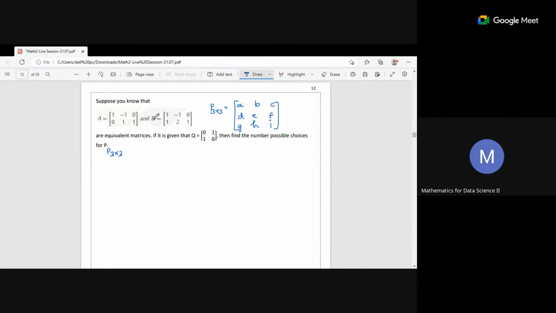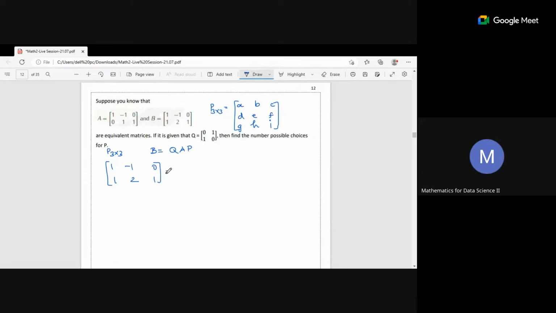So what is the relationship between all these matrices now? B is equal to QAP. This is the relation we have. So let us write it. You have A, B, C, D, E. Oh, I started with P rather than B. So what is your B? 1, -1, 0, 1, 2, 1.